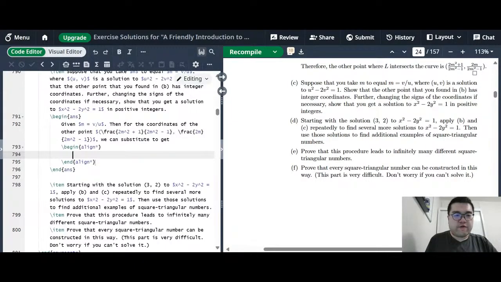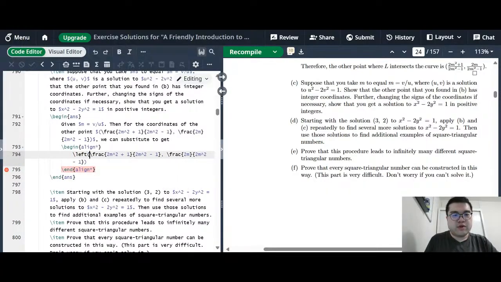We have this big chunk here. Let me put left here and right there. Yeah, right there. There we go.